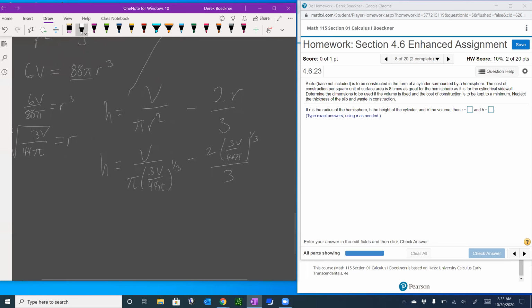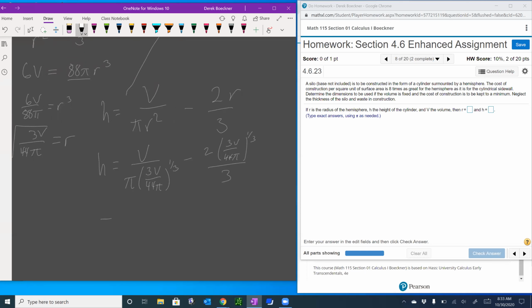We can do some arithmetic, algebra. I've got a V, I've got a pi, and this was squared, right? So that's a 2. I've got 44 pi to the 2/3 up here. I've got 3V to the 2/3 down here.